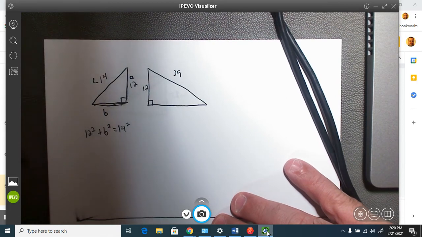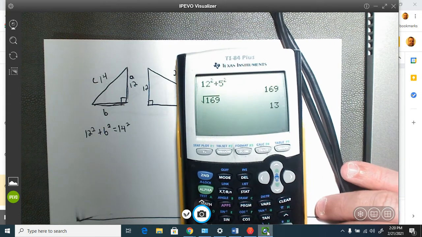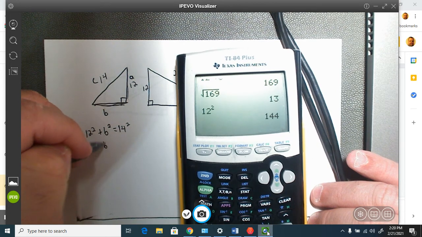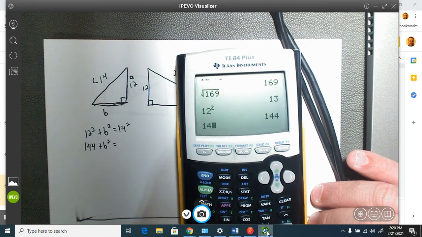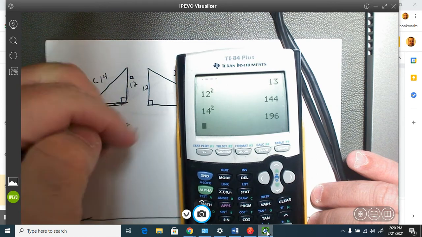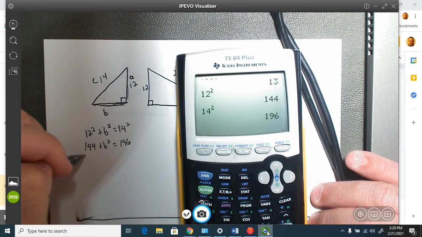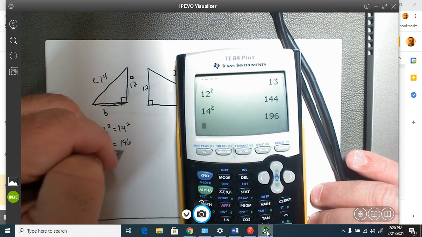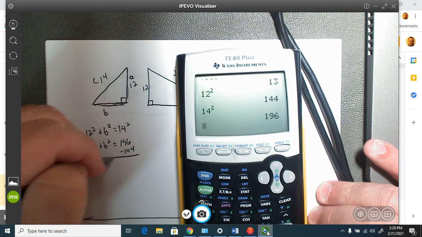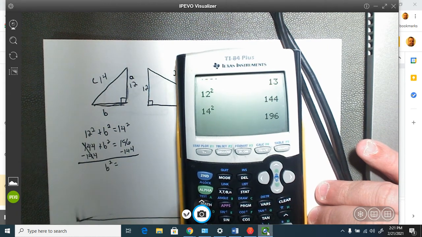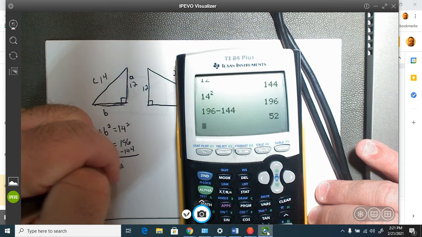Let me plug some things into my calculator. 12 squared is 144, and 14 squared is 196. I'm going to subtract 144 from both sides. B squared equals 196 minus 144, and I get 52.